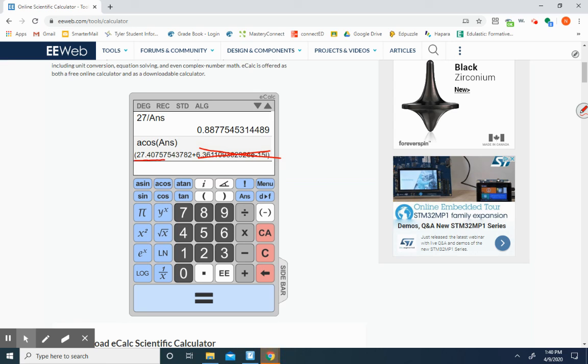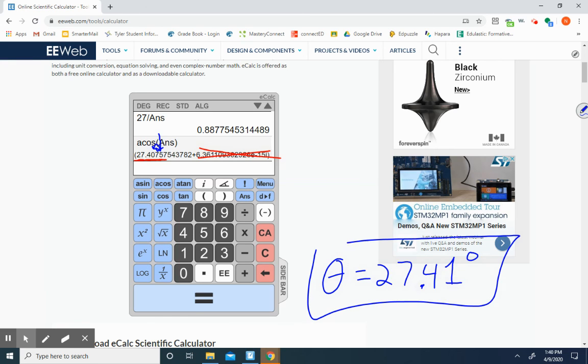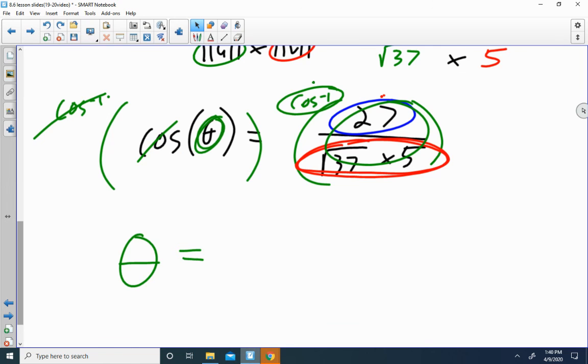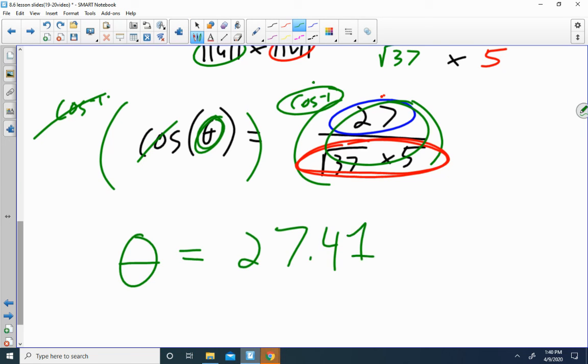You just need to focus on this part. And you'll see closely that your angle is going to be 27.41 degrees, because if you look at the third decimal, that's a 7. The 7 will make you round up to 27.41. So that's the angle, 27.41 degrees.